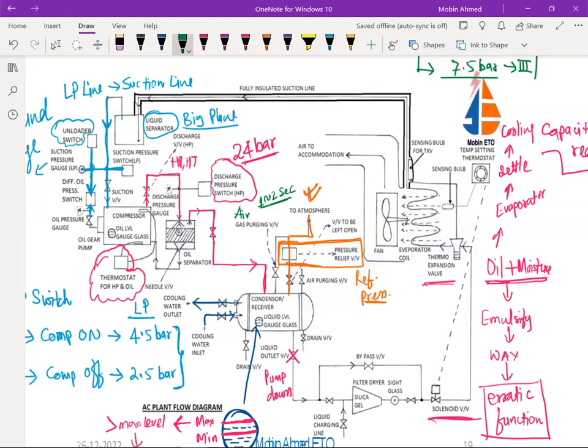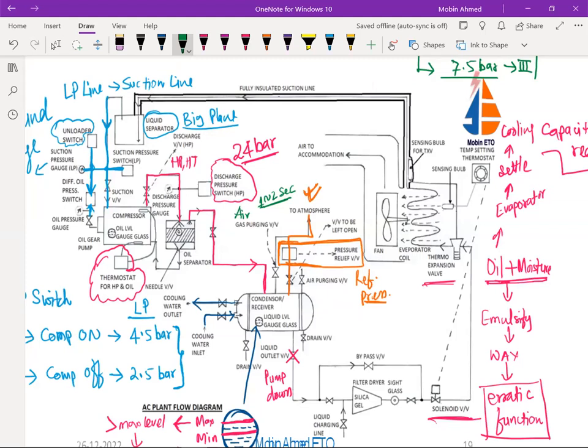You may lose some amount of refrigerant because it is very high pressure, so you have to do this gas purging, this air purging, very quickly. This is very, very important. Do not open for more time, otherwise you are going to lose your refrigerant. You need to watch your discharge pressure also when you are purging out the air.